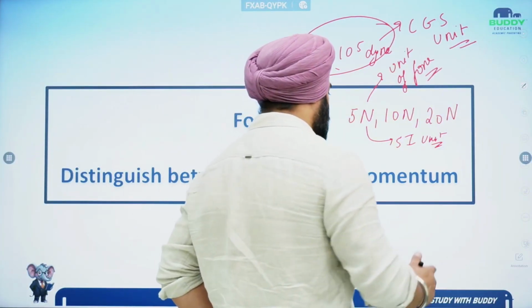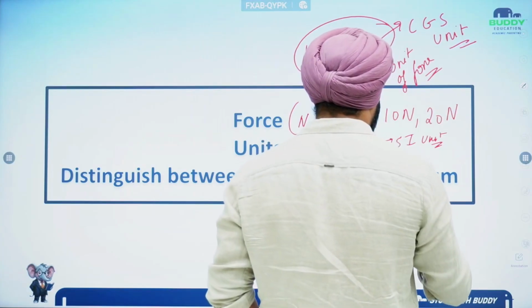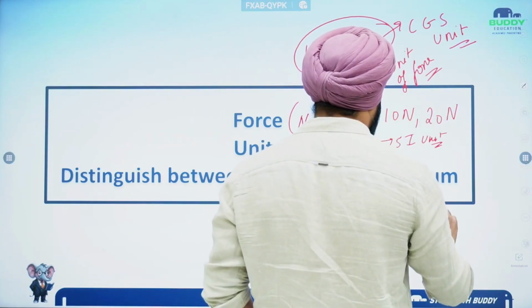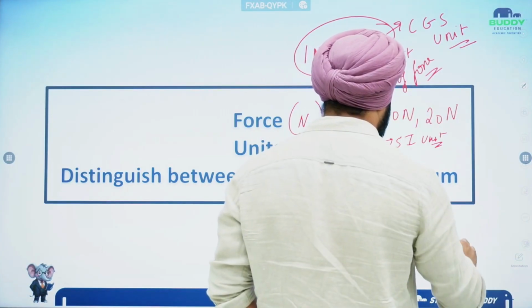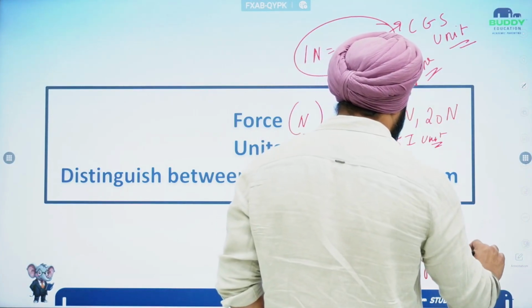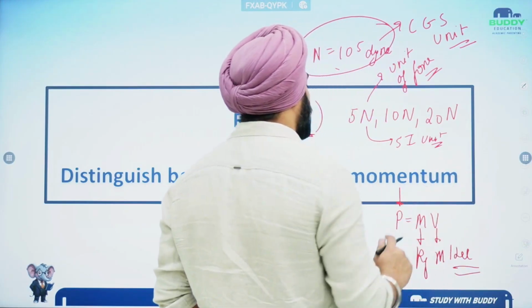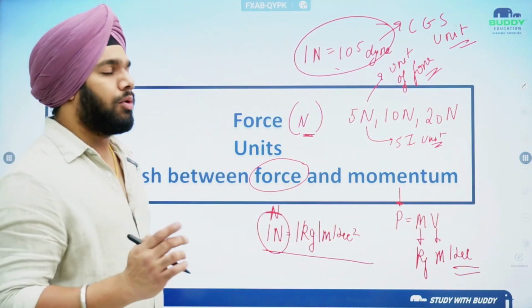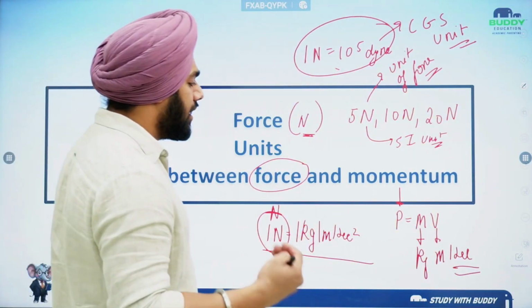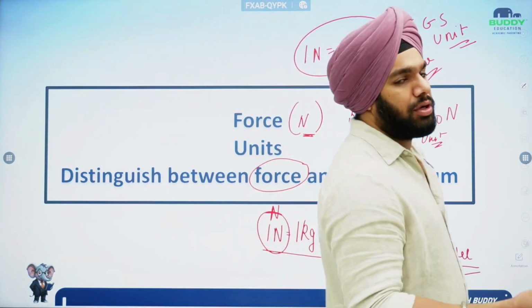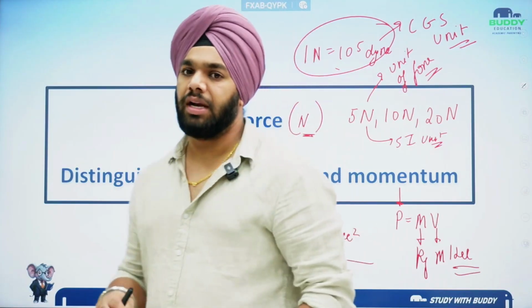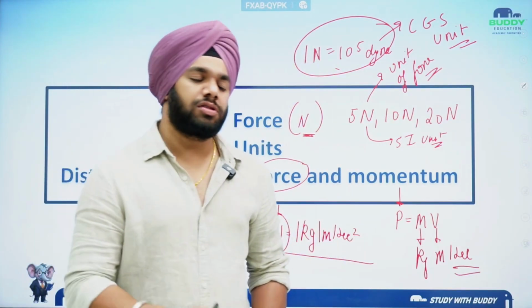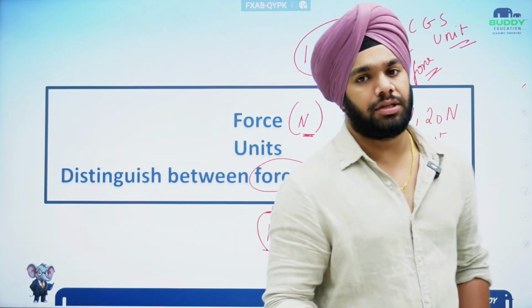Coming to momentum, this we have already discussed. It is denoted by P, it is mass into velocity, unit of mass is kilogram, velocity unit is meter per second. So when we say that if anybody has 1 momentum, that means 1 kilogram object is moving with a velocity of 1 meter per second. Okay, so there is a big difference. Momentum is related to mass and velocity, force is related to mass into acceleration. Got my point?